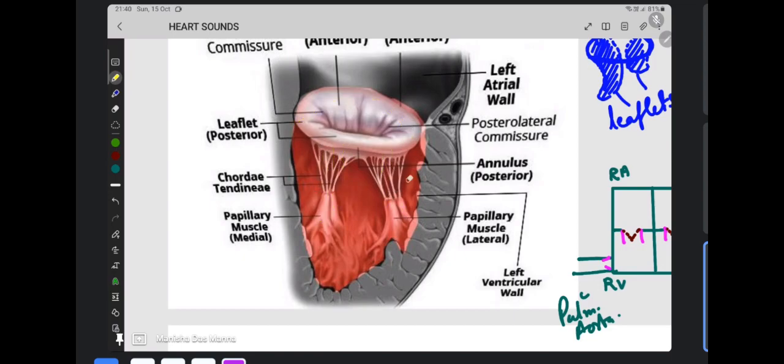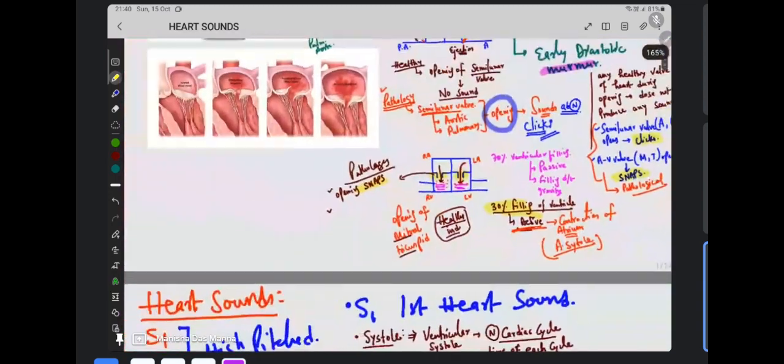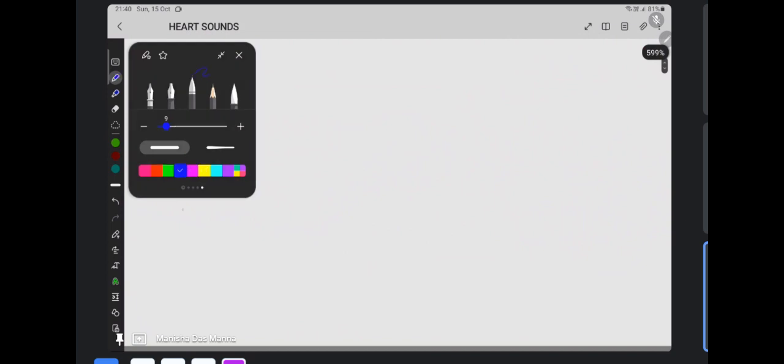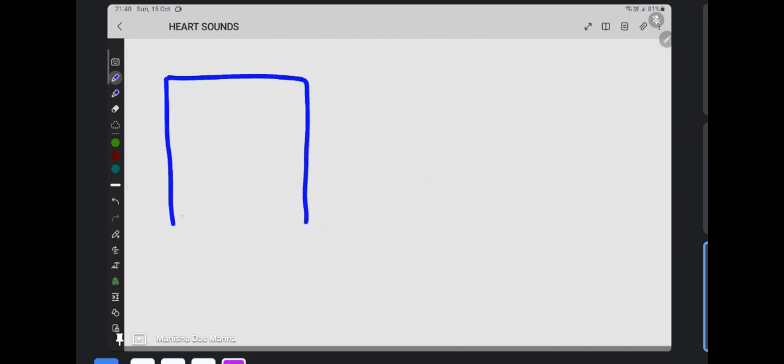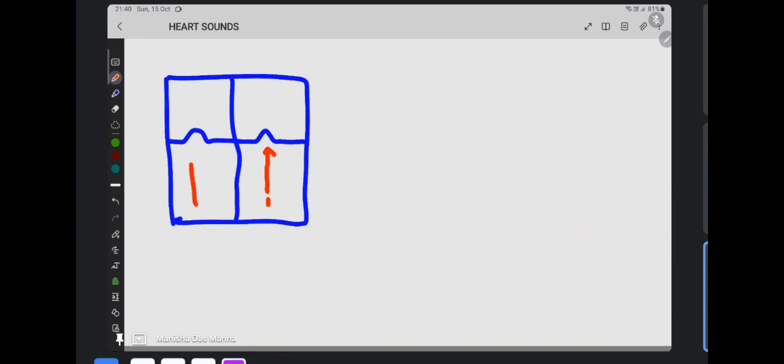Let's imagine, look at this schematic diagram. When the ventricular pressure starts rising, and when the ventricular pressure exceeds the atrial pressure, there is a tendency of bulging out of the atrioventricular valves.